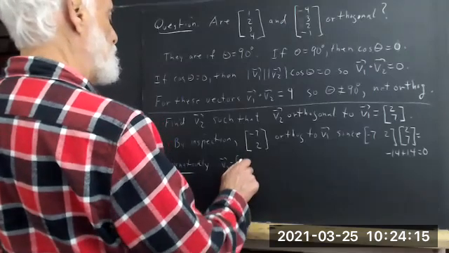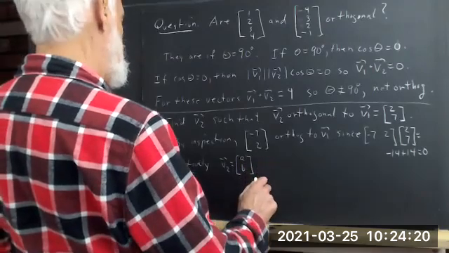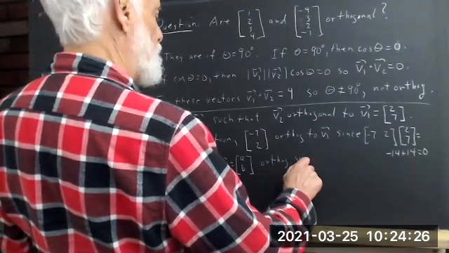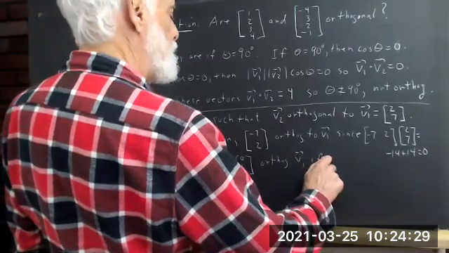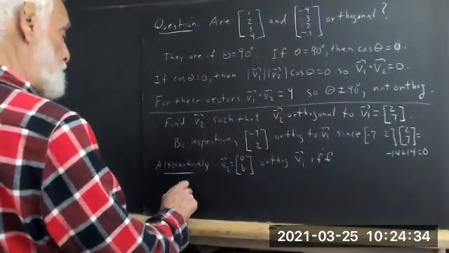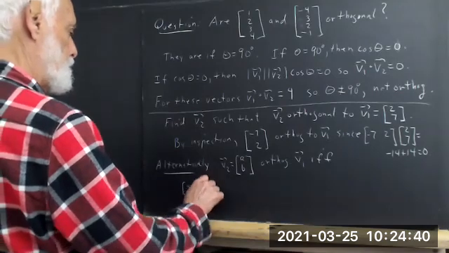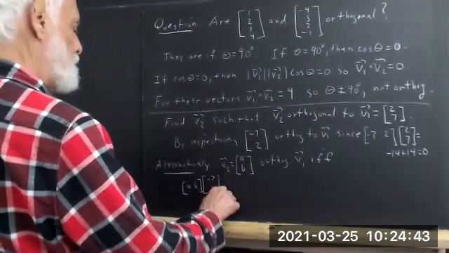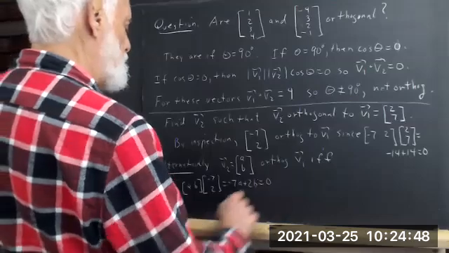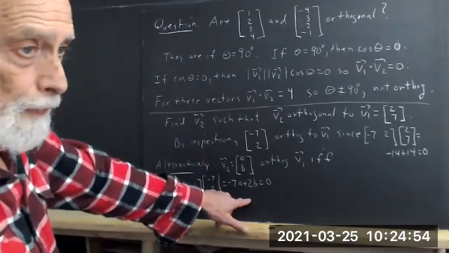Let's let V2 equal A, B. V2 is orthogonal to V1 if and only if, IFF stands for if and only if, you've seen that, the dot product, which is this, gives you 0.